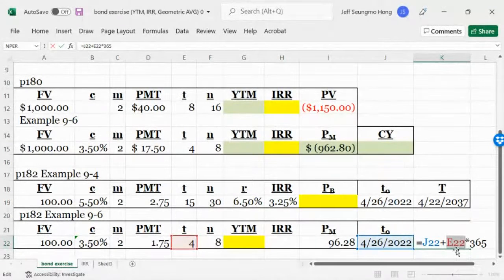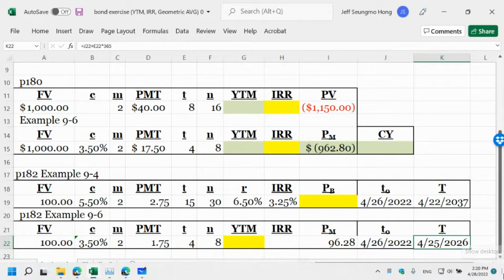So to make it really 4 years, you have to multiply it by 365, and then add it to this date. That's how it comes to this.